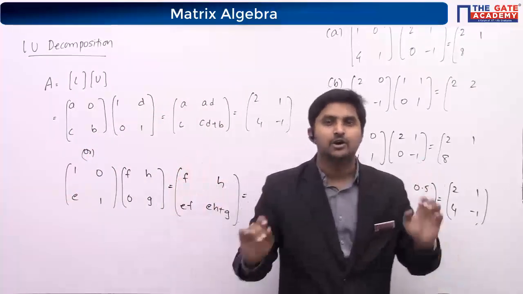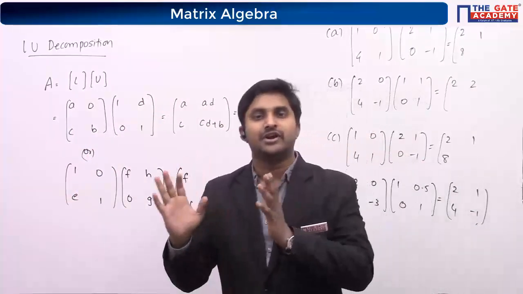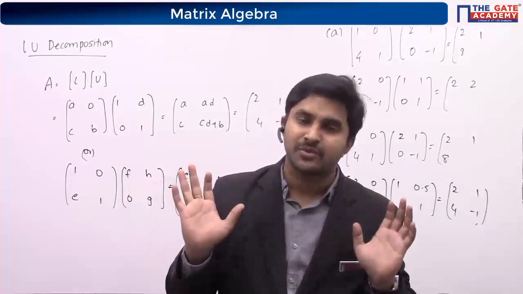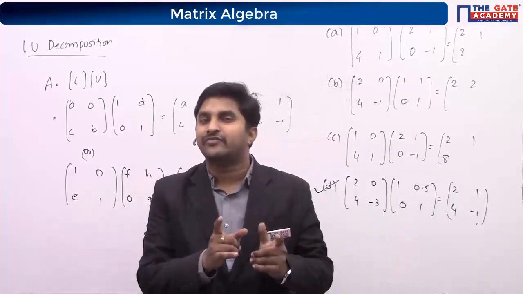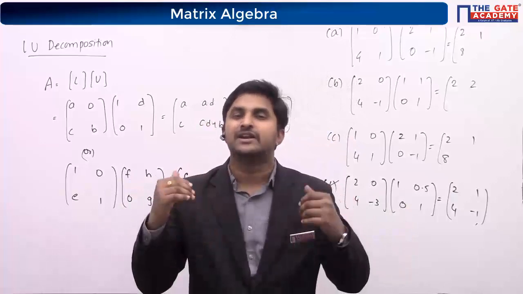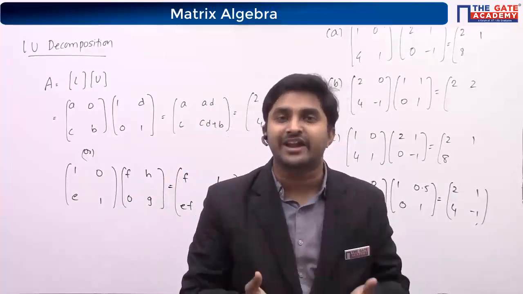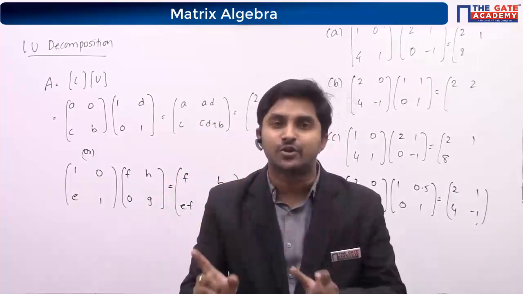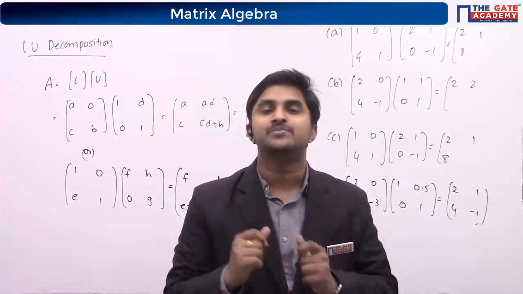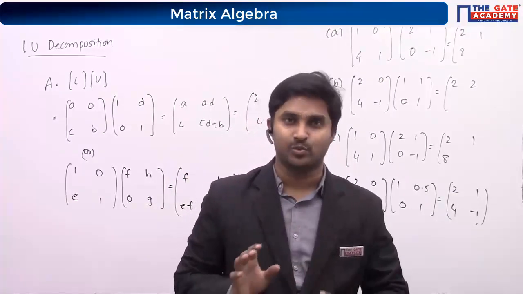It is applicable not only in the case of 2 by 2, it is even applicable in the case of 3 by 3. But if the question is asked on 3 by 3, then it's going to be lengthier. So in the GATE, if at all the question is asked about the LU decomposition, it will mostly come in the concept of 2 by 2 matrices only.